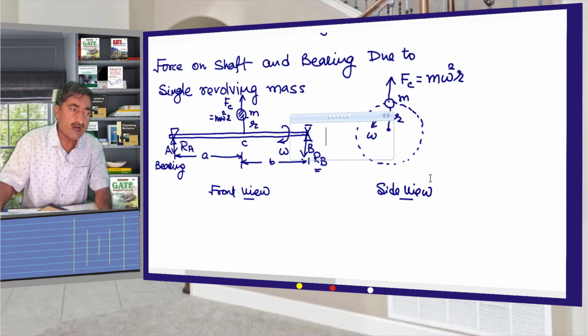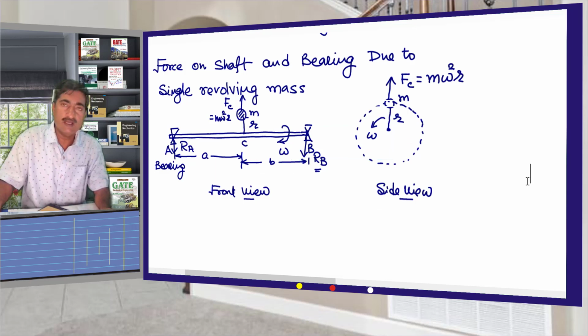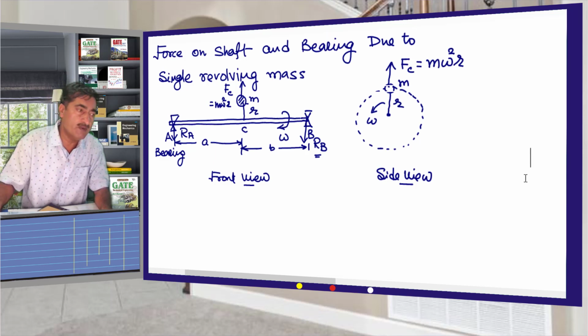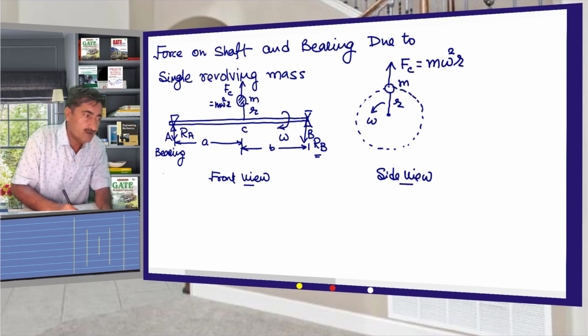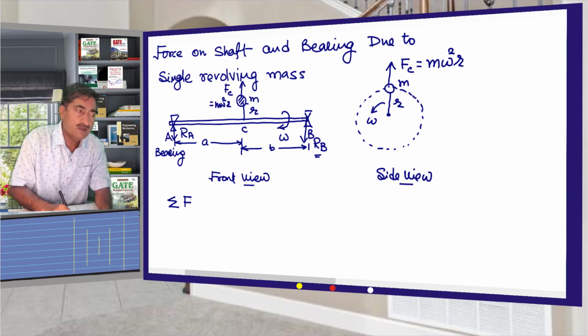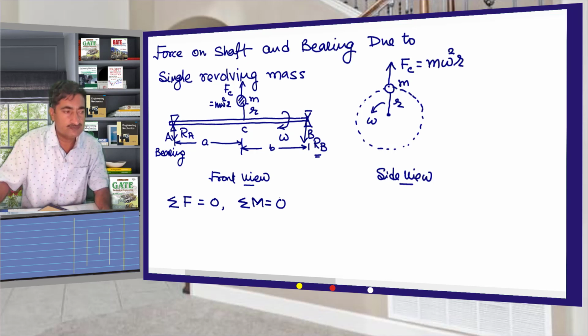The values of Ra and Rb, the reactions at A and B, can be calculated by the equilibrium equations. First, the resultant force, summation F, is equal to 0, and second, the moment is equal to 0.